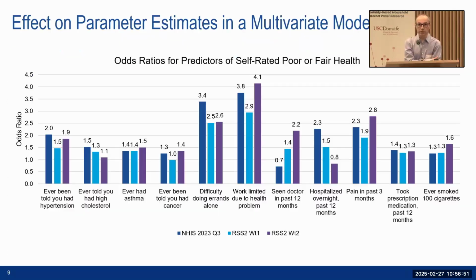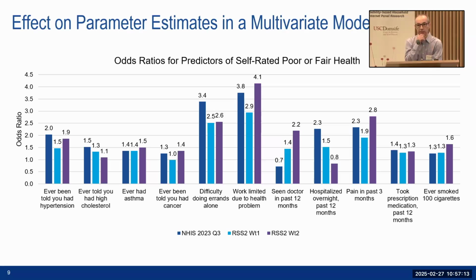And here's an example using a multivariate model. So here the dependent variable is the self-rated health as poor or fair. And then predictors like, have you ever been told that you have hypertension, high blood pressure, high cholesterol, asthma? Have you ever had cancer, and so on?